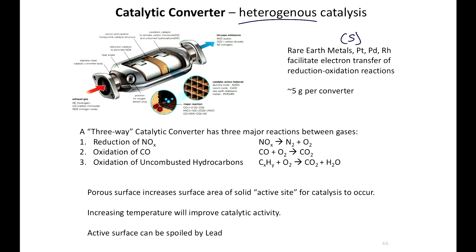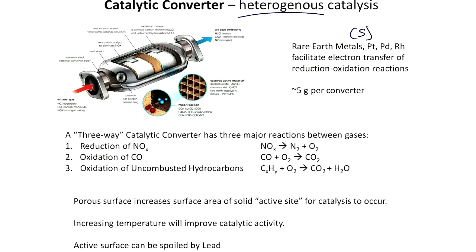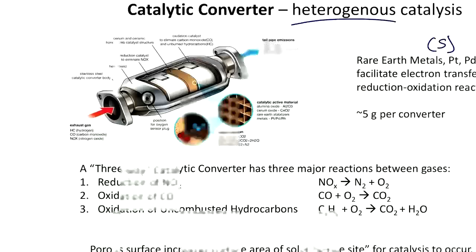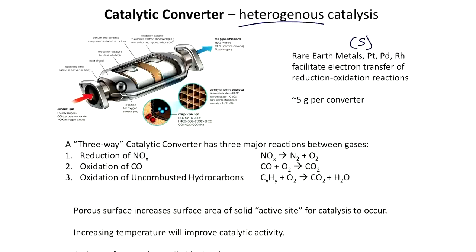All right, so if you've ever cut open, I hope you've never cut open a catalyst, it has a honeycomb structure. If you zoom in here, this honeycomb structure is where the catalyst lives, where there's an increase in surface area to facilitate the catalyzed reaction. So that honeycomb or the mesh screen allows for lots of surface area for catalysis to occur.